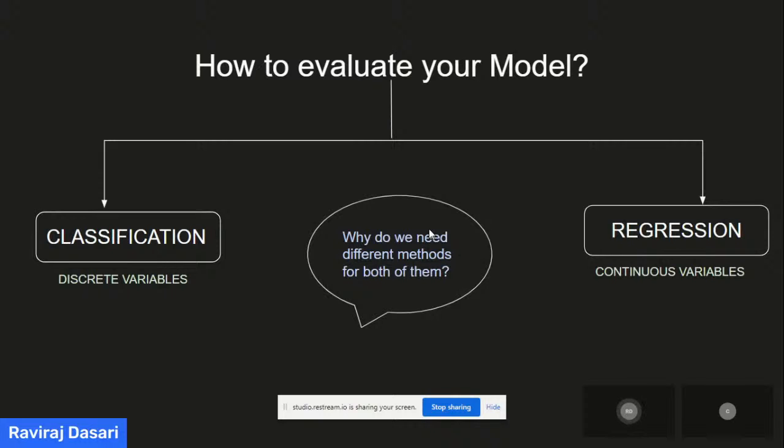Each animal will be assigned a number, and those numbers are discrete variables. When it comes to regression, you predict a single variable like a person's age or a company's income, based on a few input features.